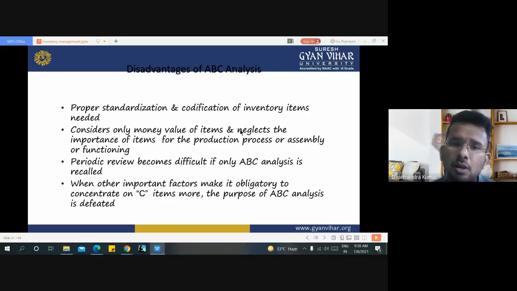Periodic review becomes difficult if only ABC analysis is used in any manufacturing plant. When other important factors make it obligatory to concentrate on C items more, the purpose of ABC analysis is defeated.